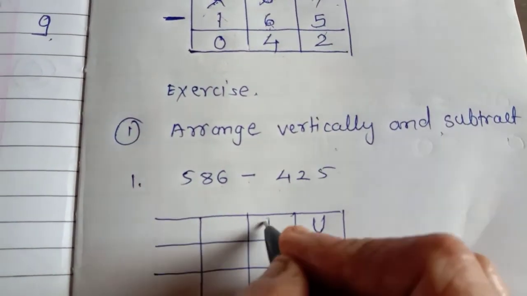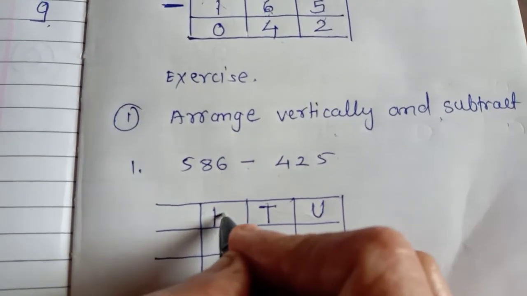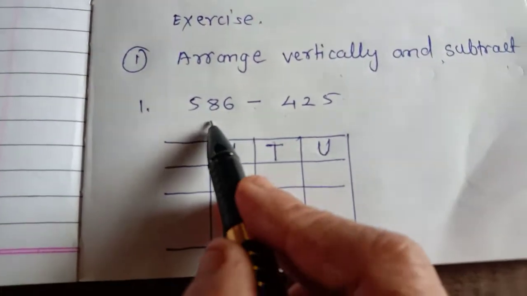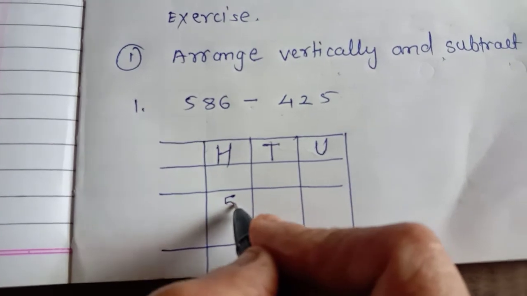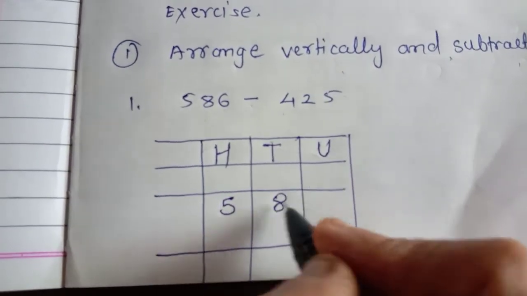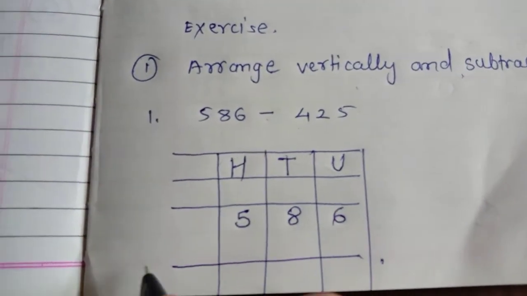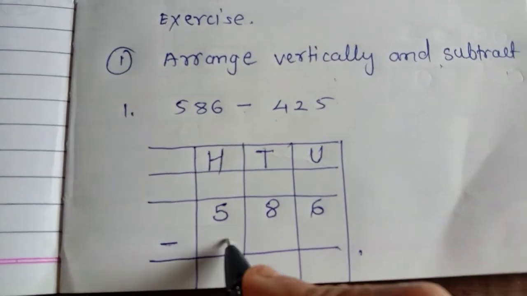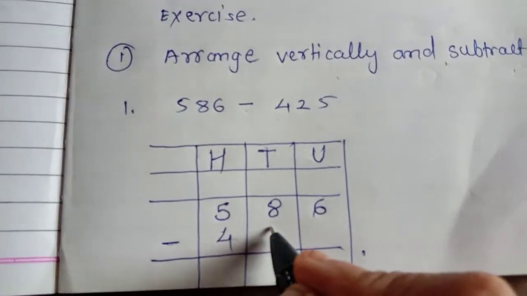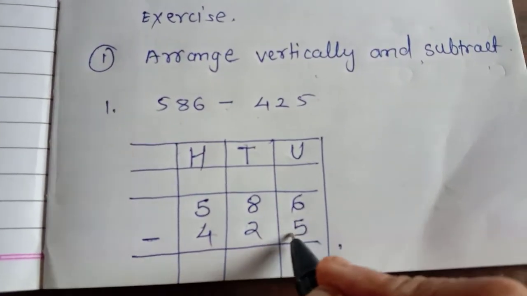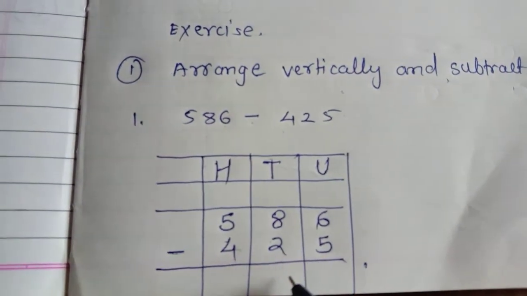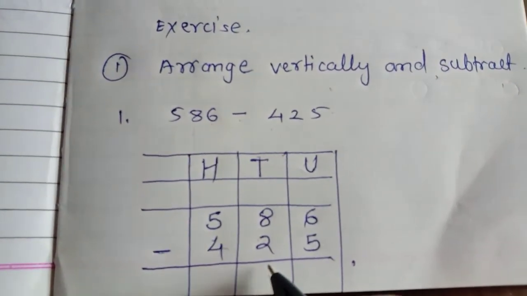Unit, tens, 100. First number is 586 minus 425. Okay, look here, very easy sum.